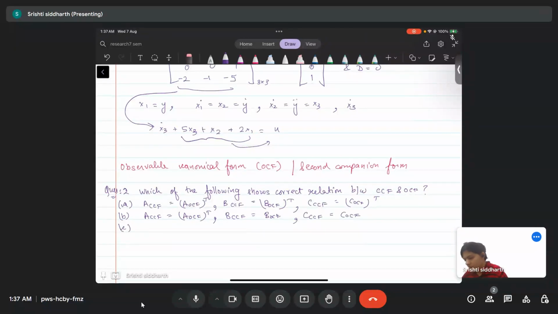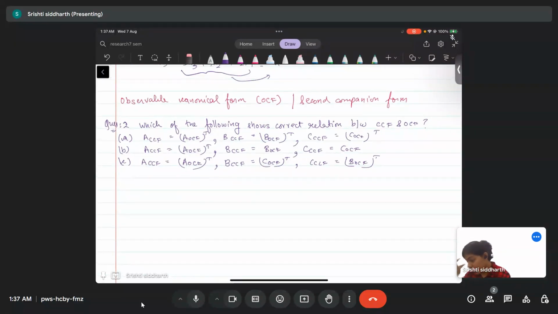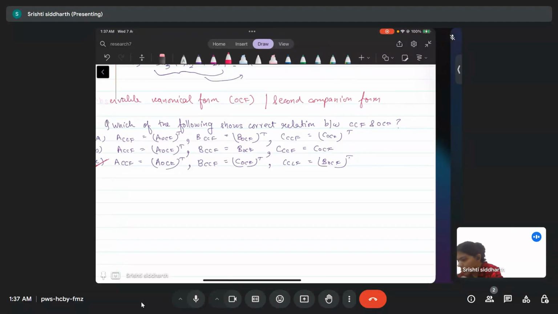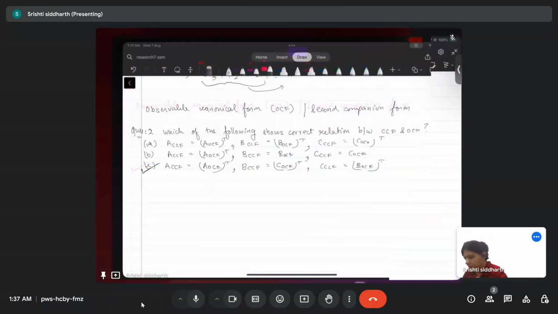And then we have the third option. So we need to select the correct relation between the two forms. So the correct one out of these 3 is this one.